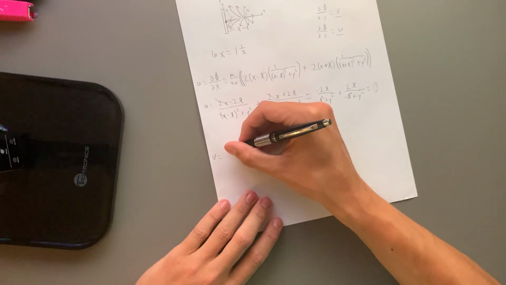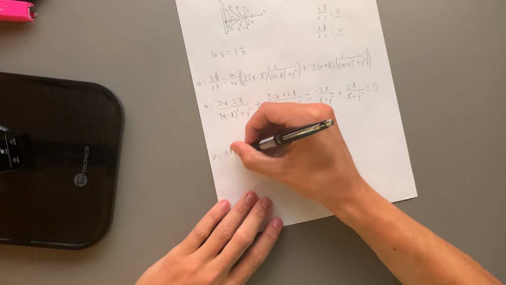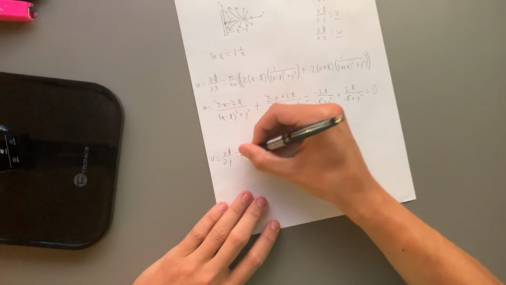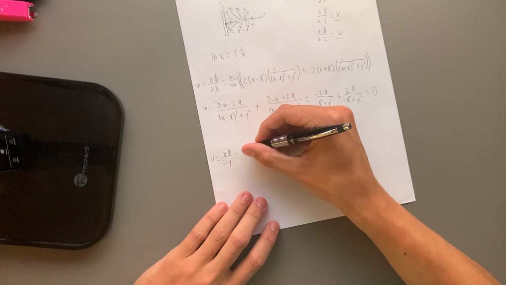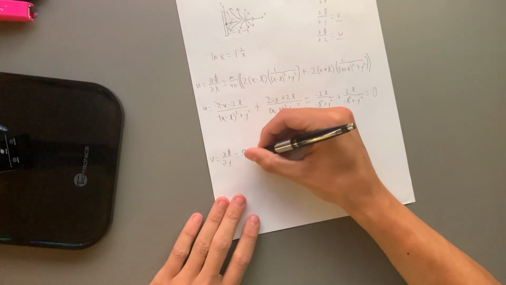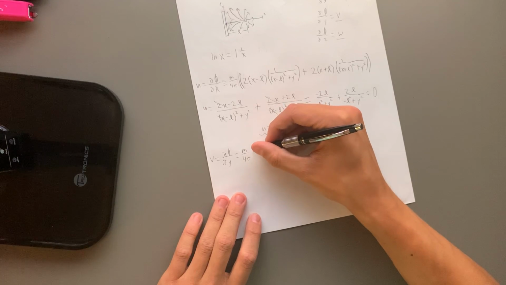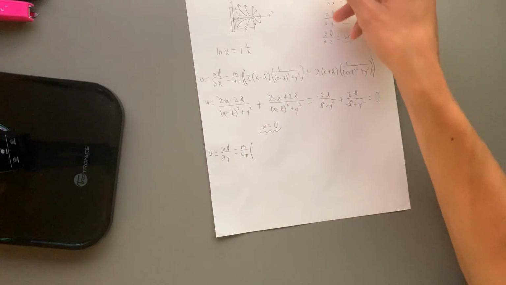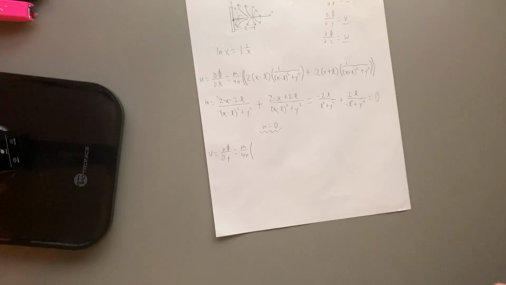So v is the derivative of phi in relation to y. All right, so similar process. We're going to do m over 4 pi, and now we begin taking our derivative of these two ln's in relation to y.